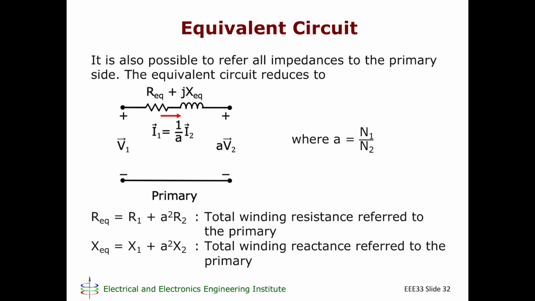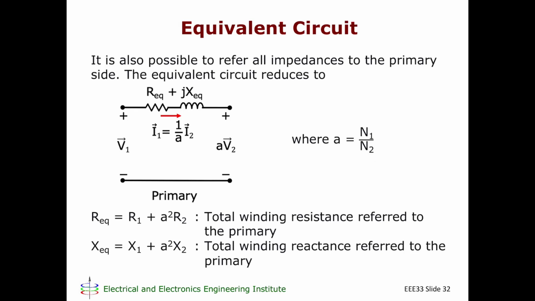Our R equivalent is R1 plus turns ratio squared times R2. So this is R2 referred to the primary. X equivalent is X1 plus turns ratio squared times X2. And the voltage V2 referred to the primary is just A times V2, where A is our, again, turns ratio. A is equal to N1 over N2.